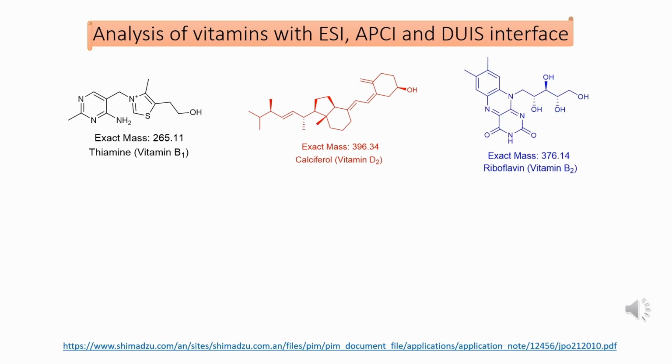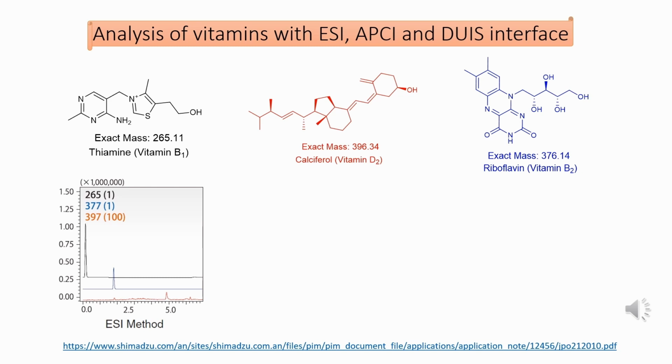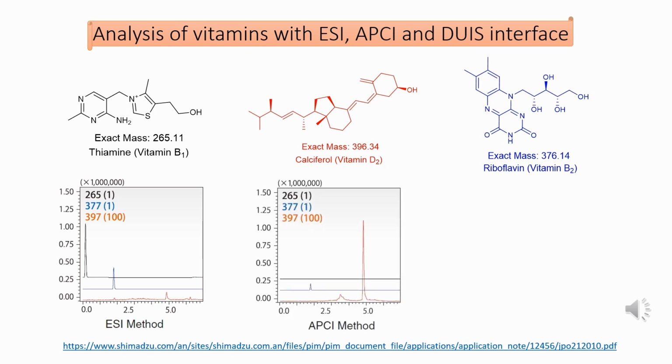When the analysis is done with the ESI interface, good signal intensity was observed for vitamin B1 and vitamin B2. However, low signal intensity was observed for vitamin D2. When the analysis is done with the APCI interface, good signal intensity was observed for vitamin D2, but weak to no signal was observed for vitamin B1 and vitamin B2.